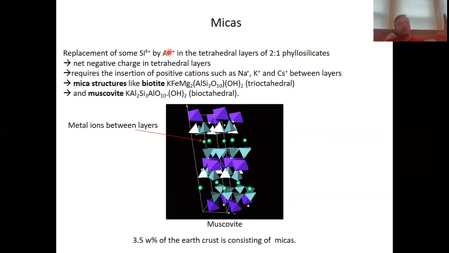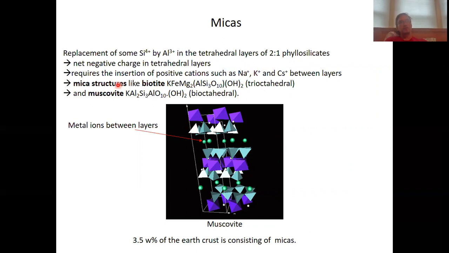So therefore, the layers overall get a more negative charge, and that charge can now be compensated by cations, which are in between these layers. Okay, and these cations can be, for instance, sodium, potassium, cesium, and other ions.